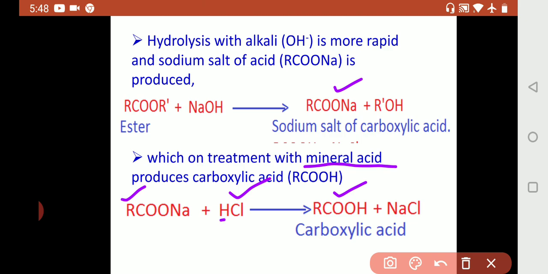In this, H is substituted here, and Na is taken away with Cl as NaCl. Simply remember these equations. So this is how the hydrolysis of esters with alkali is carried out to produce carboxylic acids. With an example we shall see.